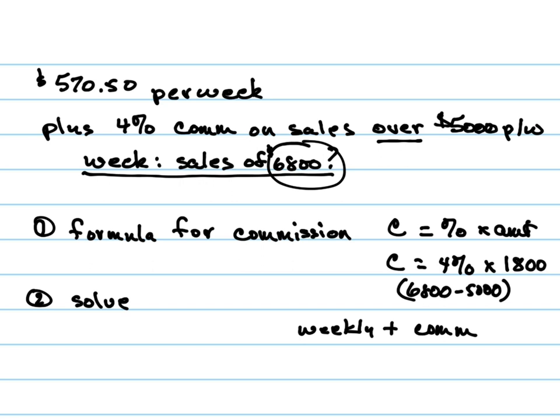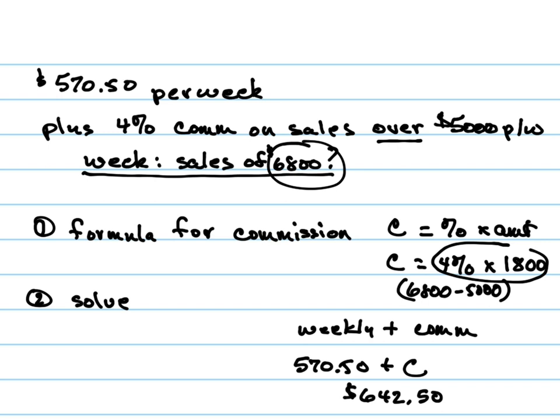And his weekly amount is $570.50 plus the commission he earned on $1,800, which we found by simply multiplying those together. And if you add those together, he earned $642.50 for that week. And again, you'd write that in a full sentence.